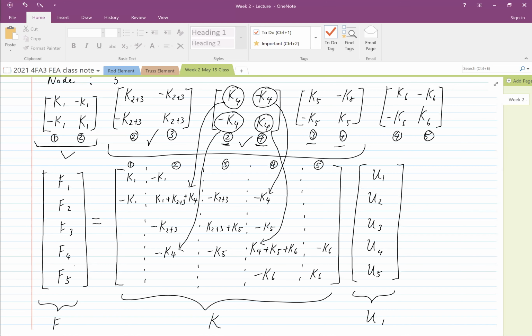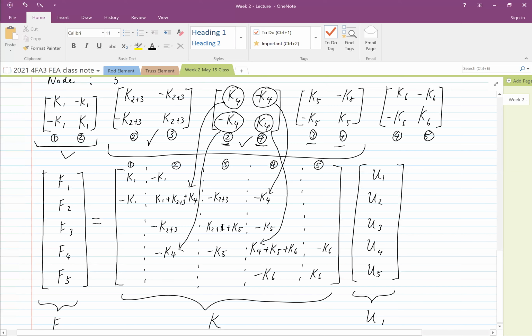Because in the matrix above, it's minus K2 plus 3, right? For the second matrix, I have K2, 3. I put it right here, and the diagonal term K2, 3, I locate right here. It's good? Yep.